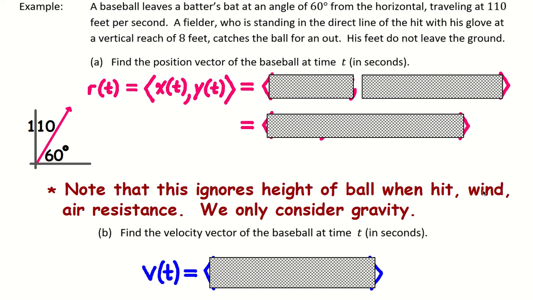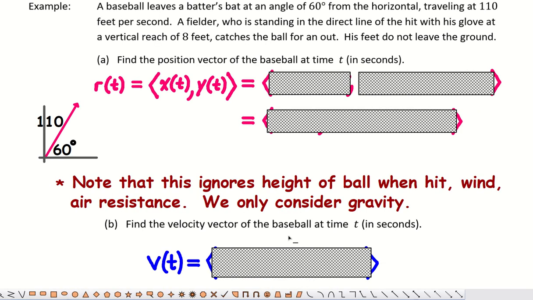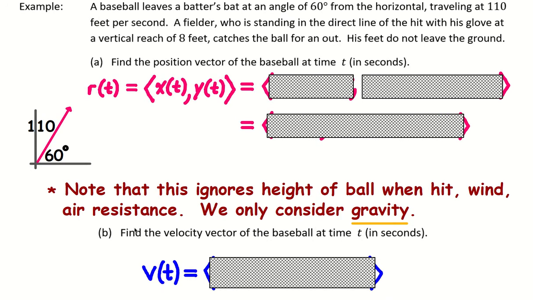We're not considering wind, even though that would be a factor. Just ask the airplane. And we're not considering air resistance. We only are going to consider gravity. So please notice this, okay? We are actually going to consider gravity.